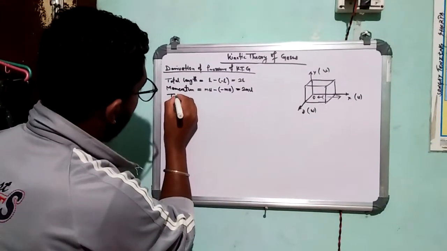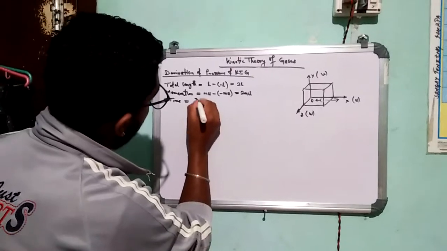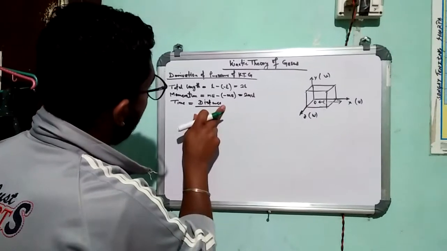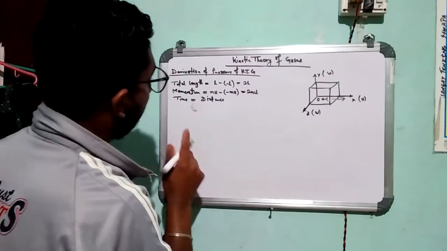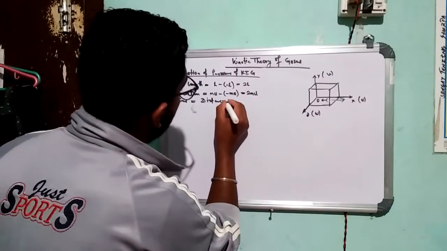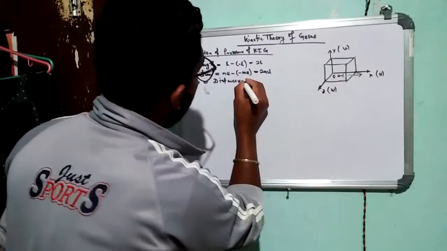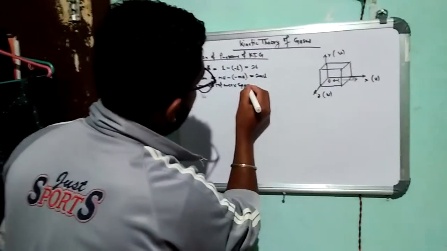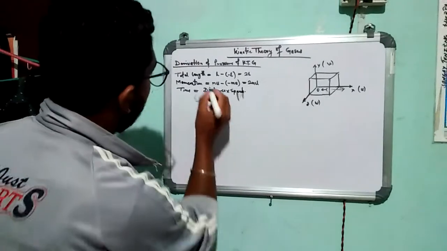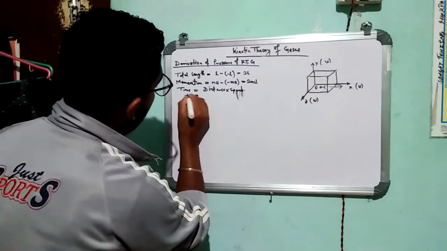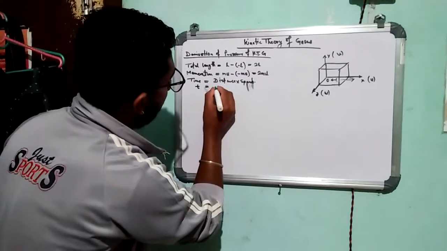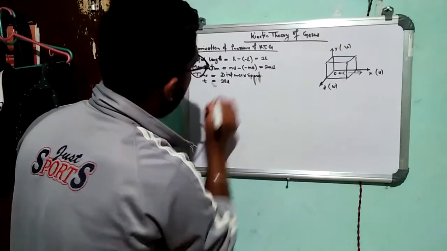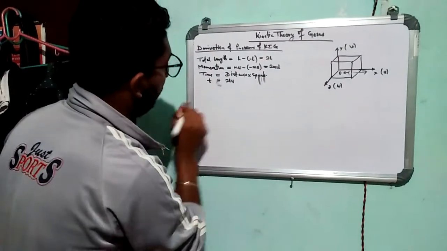Since speed equals distance by time, time is equal to distance by speed. So here time t is equal to distance by speed. What is distance? Distance is 2L. And what is speed? Speed is u. So this is known as time.